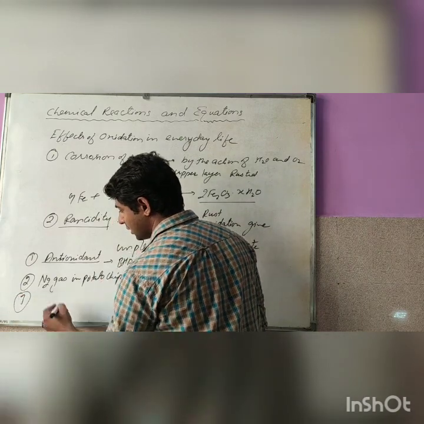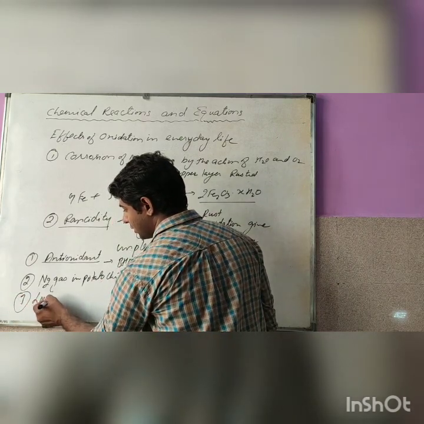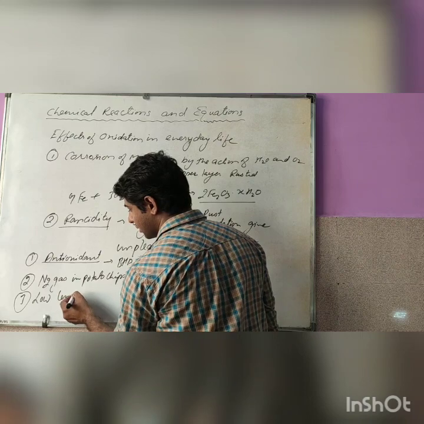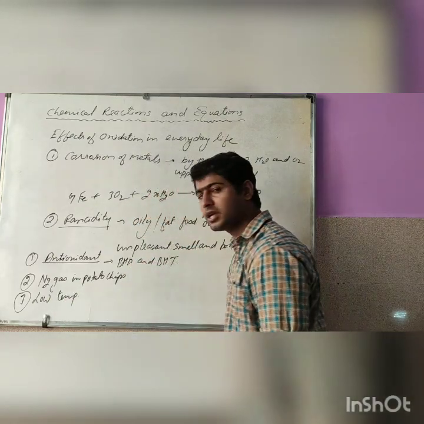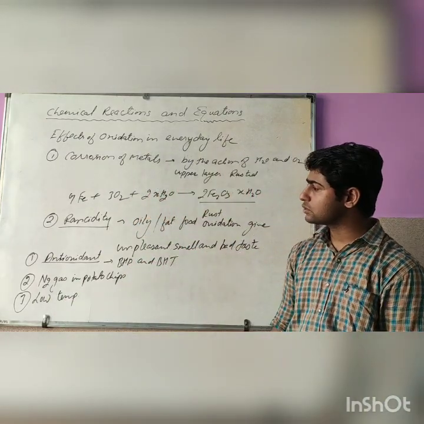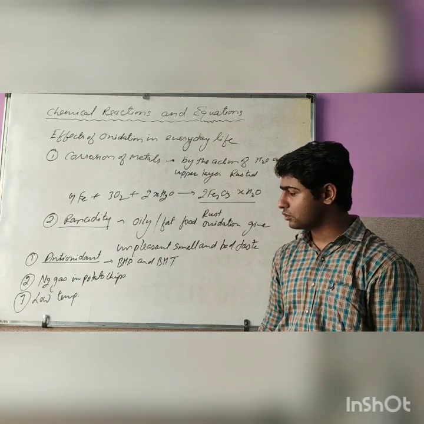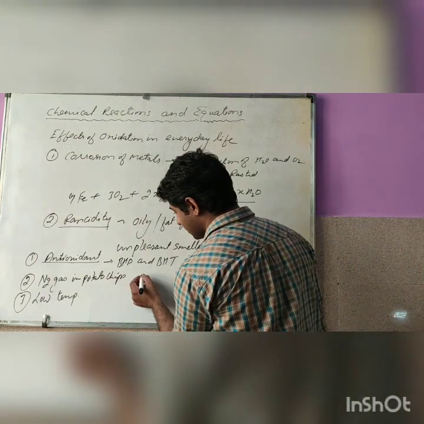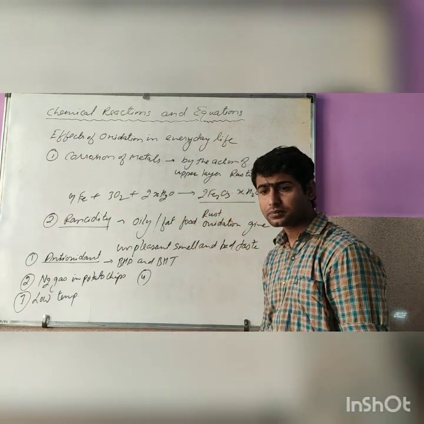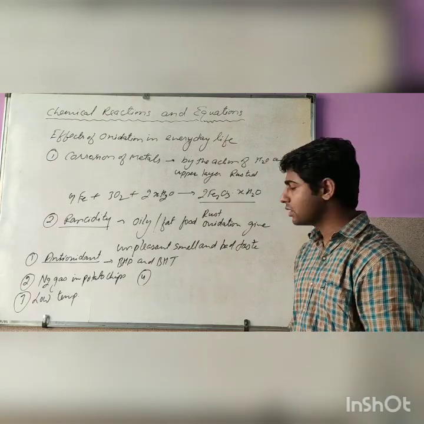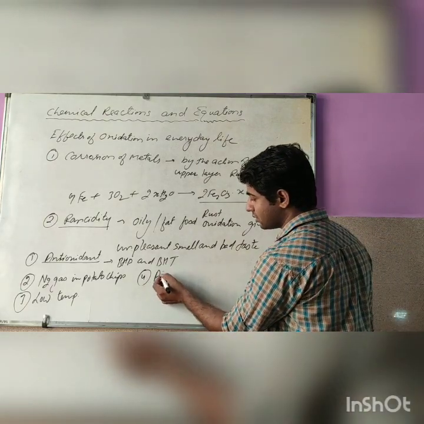Third one, by keeping the food at low temperature. When we keep the food at low temperature, the process of oxidation gets slowed down. Fourth one is by keeping the food in an airtight container.